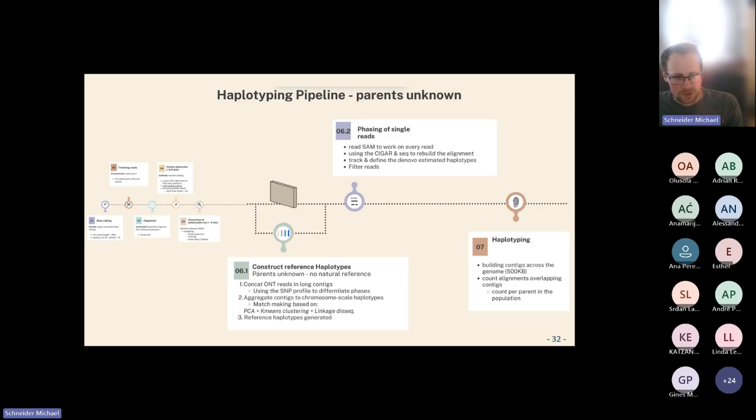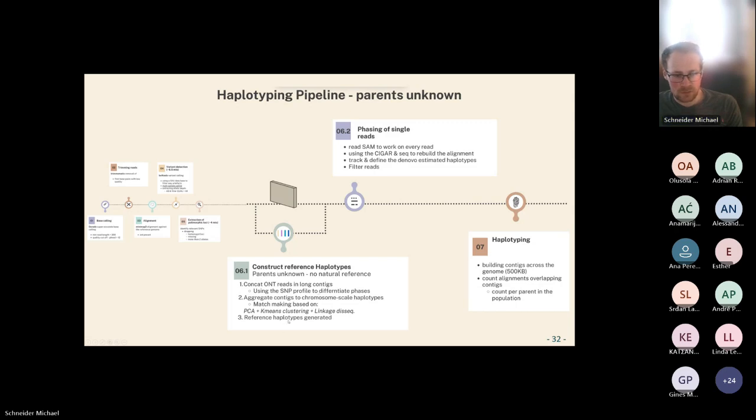In this particular case, we have to work around it by constructing this reference of SNPs ourselves. This is done by constructing quite long contigs based on the SNP profile of these reads. And we can also aggregate these contigs later by matching the overlap of these reads.